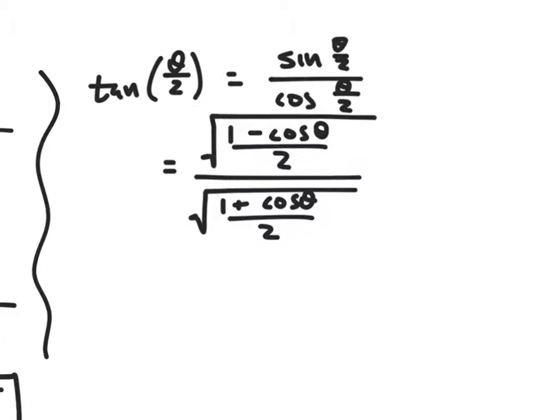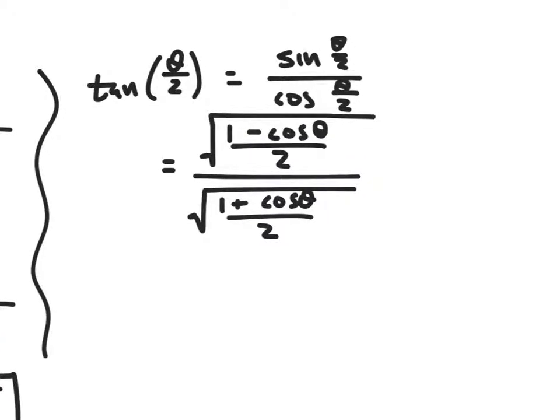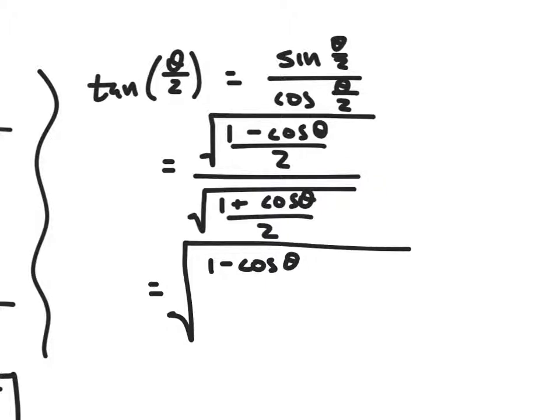And so at this point, since I have a fraction of 2 radicals, I can write this over a single radical. So this is going to give me the big square root of (1 minus cosine of theta over 2) divided by (1 plus cosine of theta over 2).